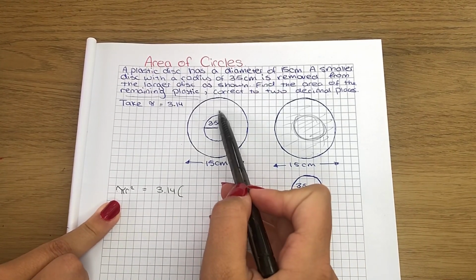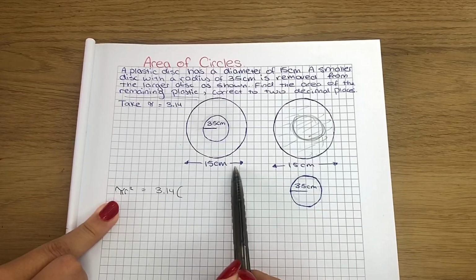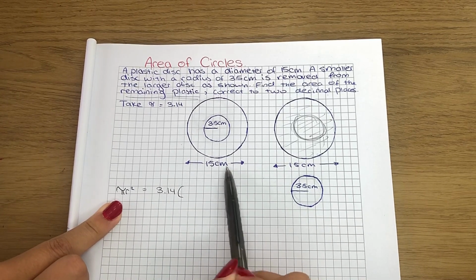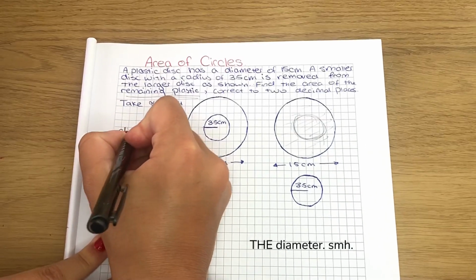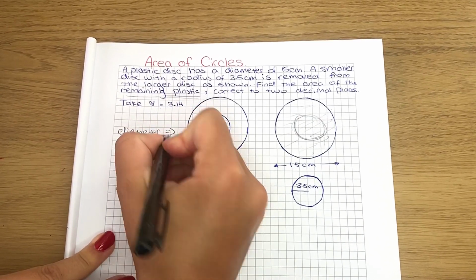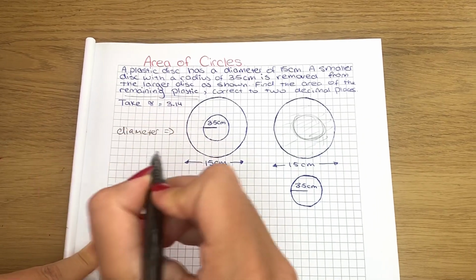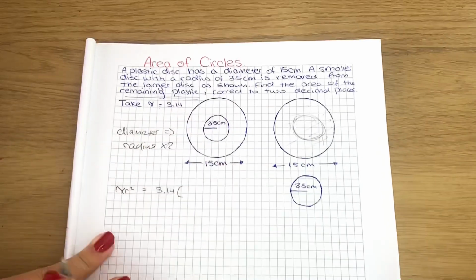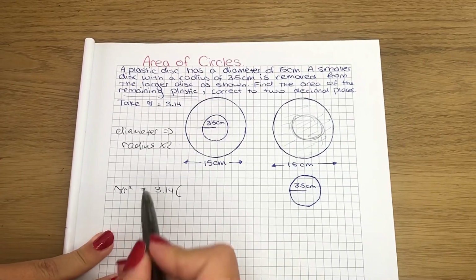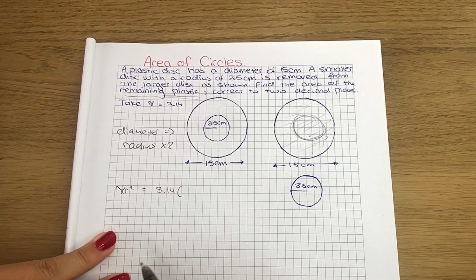Of the larger disc, the diameter, as we've been told, is 15 centimeters, but we have to keep in mind that a diameter is made up of 2 radiuses put together. So, with this information noted, we can substitute it into our answer.